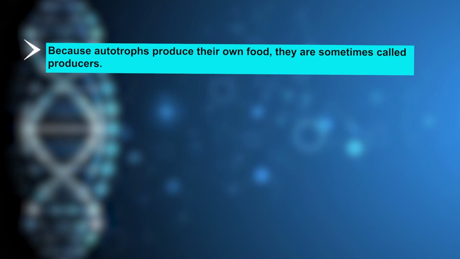Autotrophs are organisms that can produce their own food while drawing energy from inorganic materials available in the environment. Since autotrophs are an ecosystem's main energy producers, they serve as the foundation of the food chain and supply energy to all the other creatures. Because autotrophs produce their own food, they are sometimes also known as producers, right?